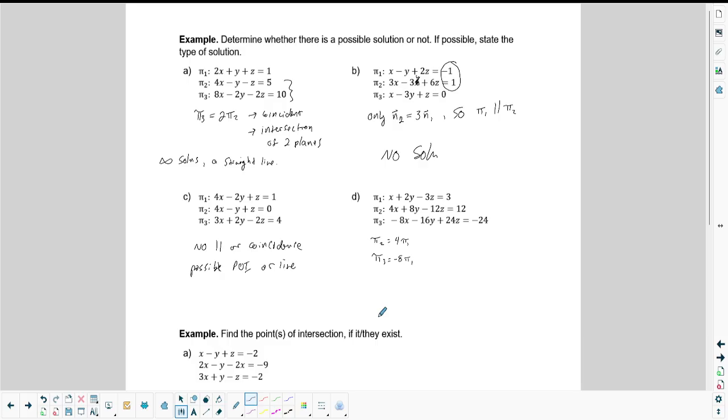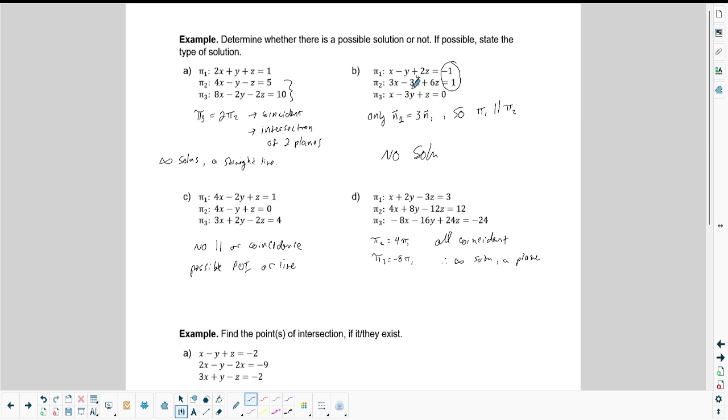And that by default means that plane 2 and 3 are also scalar multiples of each other, mainly because they both come from plane 1, but you can see multiply by negative 2 each time. So this means all coincide. Therefore, infinite solutions, and it's a plane. It's not a straight line, it's a plane solution. Okay, so that's how you can tell.